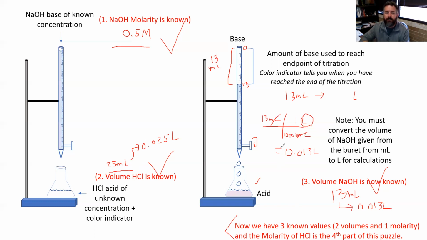What we're looking for here is the molarity of hydrochloric acid in that flask. We don't know that. We have no idea how many of these little H pluses are floating around in there. But using these three pieces of information, we can figure it out.